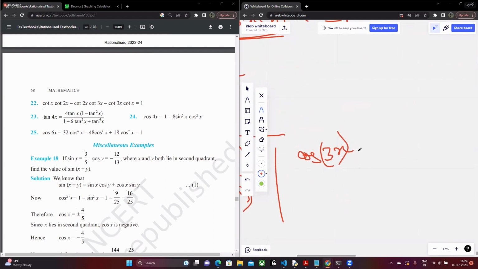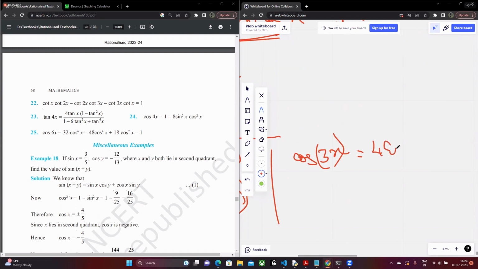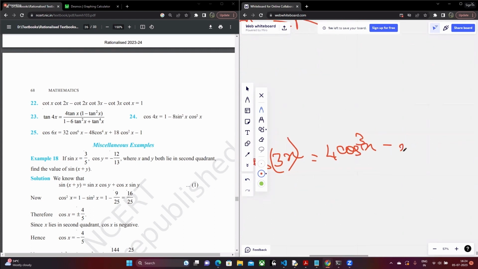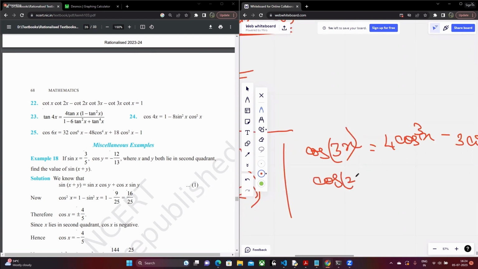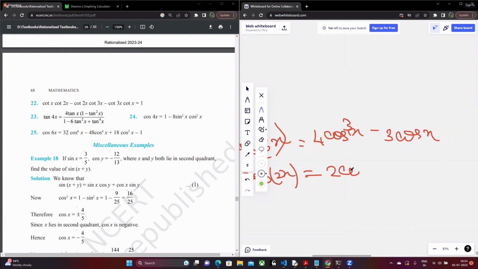Cos 3x is going to be equal to 4 cos cube x minus 3 cos x, and cos of 2x, the formula I'll be using in this sum, is going to be 2 cos squared x minus 1. Because as you can see, there is no sine square x on the right hand side of this equation. So I should not use any expansion where there is a sine term.